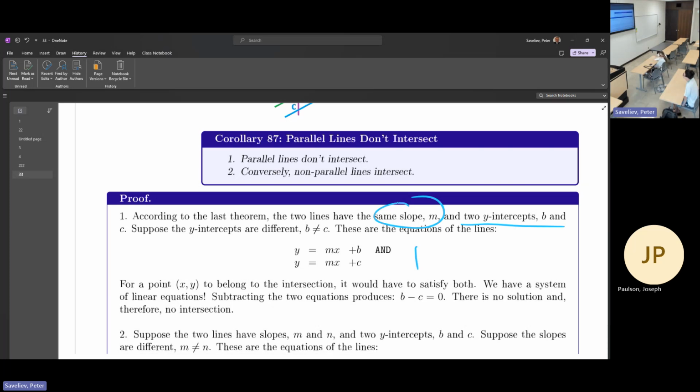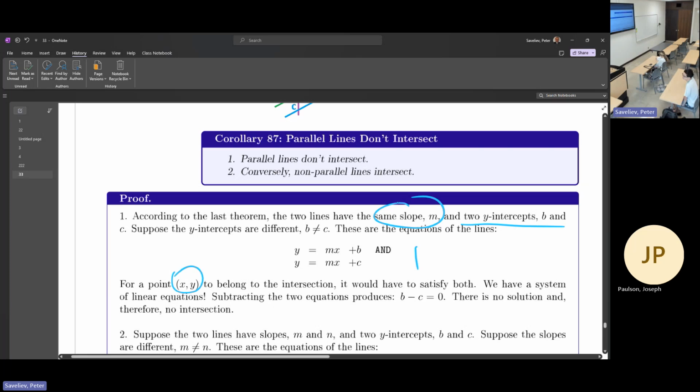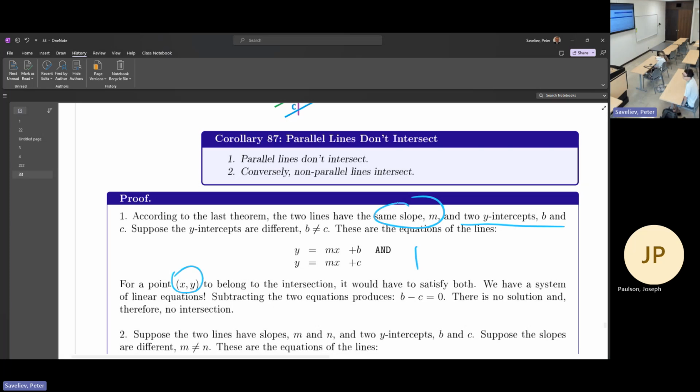If they do intersect, there is a point that belongs to both of them. I write x and y as the variables, and they only become the same when we make the claim that there is a point they have in common, which means there are specific choices of x and y that satisfy both of the equations.